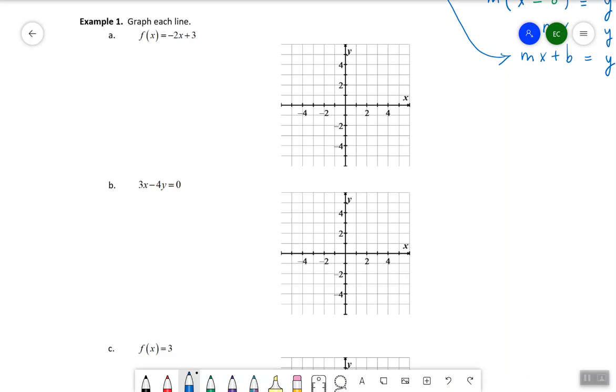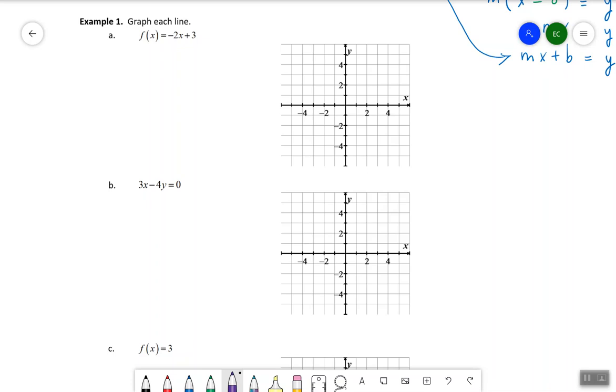And what I've done is I've tried to consolidate ideas in these two sections so that we can move through the material a little bit quicker and still be thorough and complete in the explanation in these videos. So let's go ahead and look at example number 1.